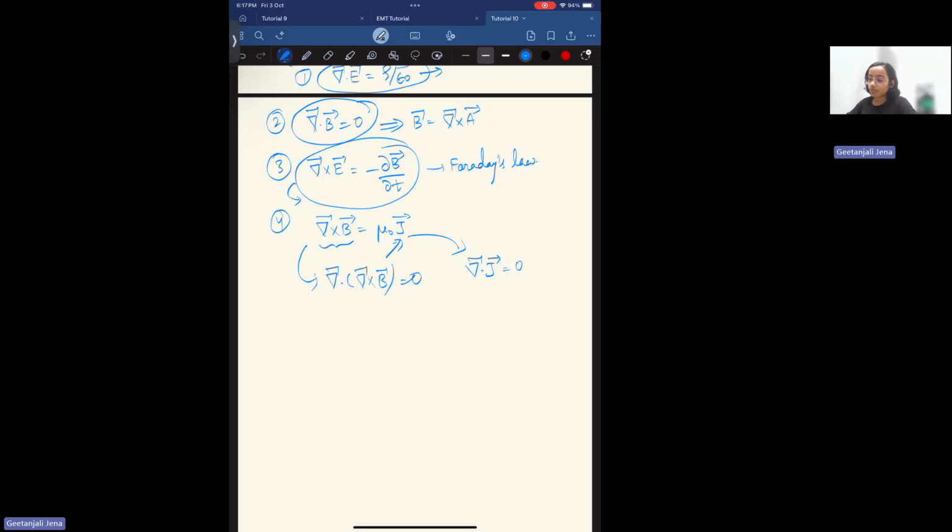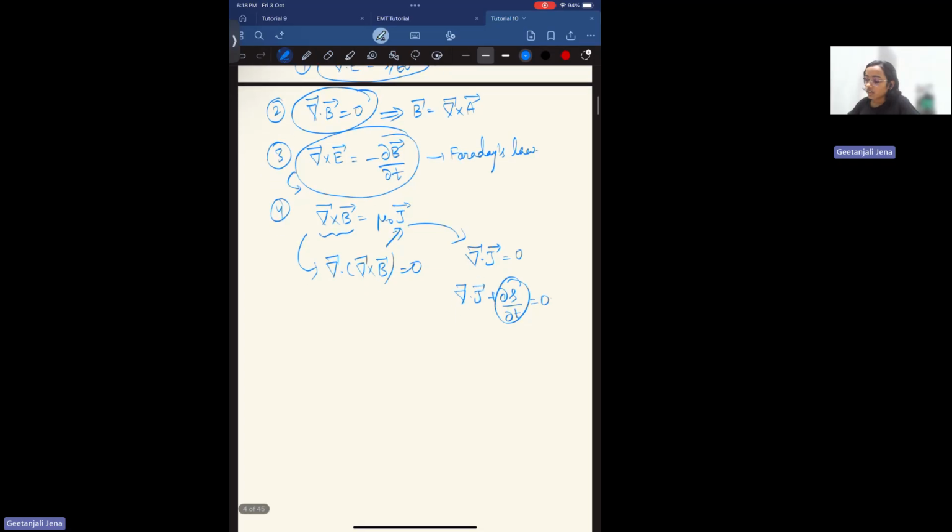So to reformulate Maxwell's equation, we know that divergence of J plus dou rho by dou t should be zero. That means there should be a dou rho by dou t term in the final fourth equation.